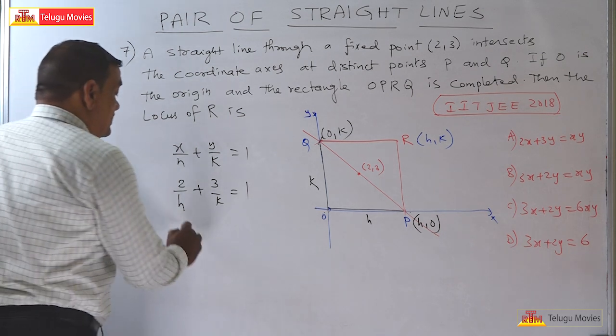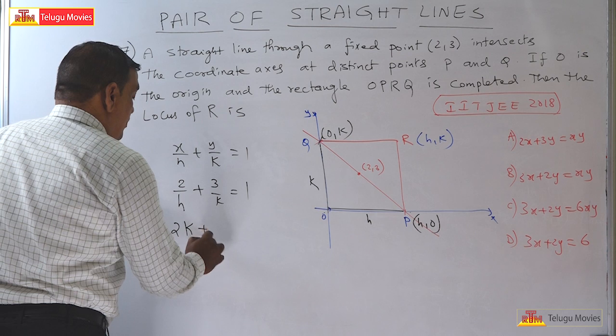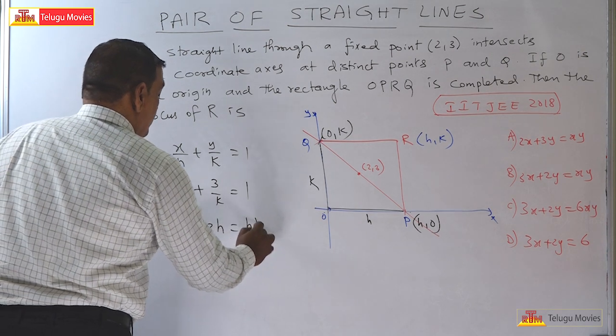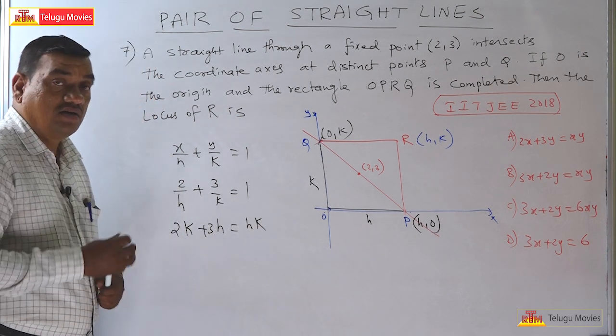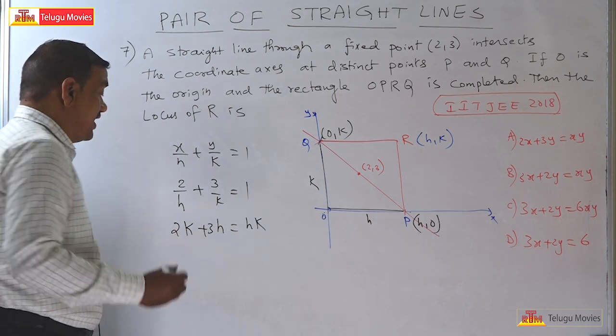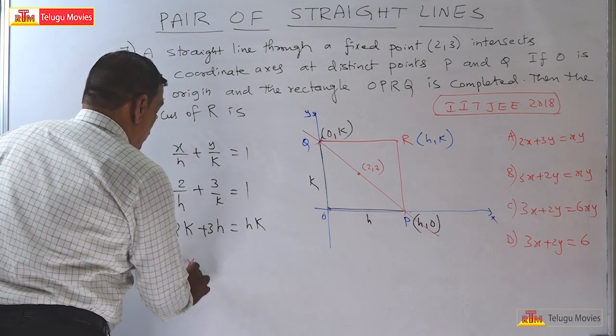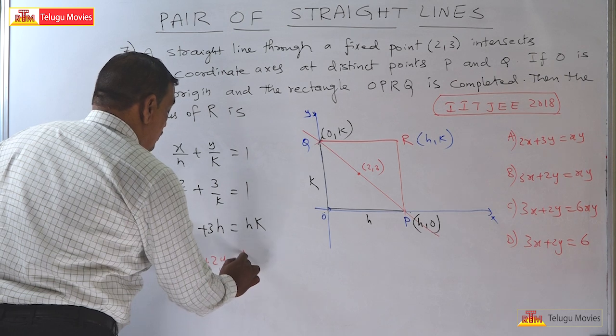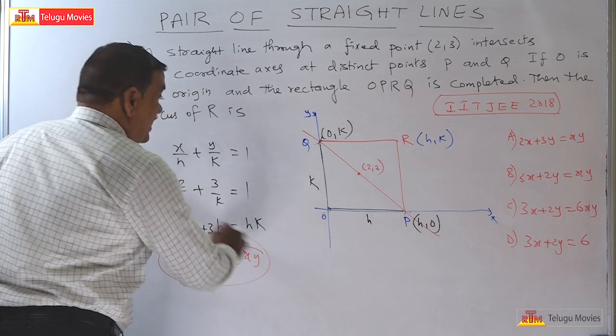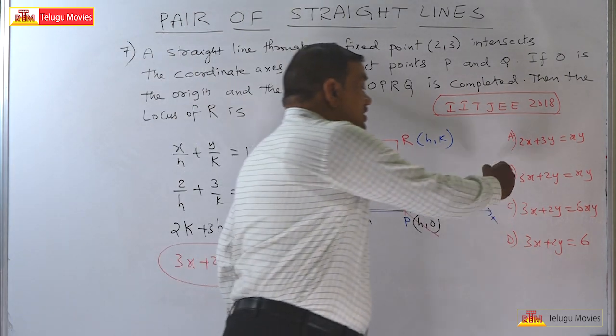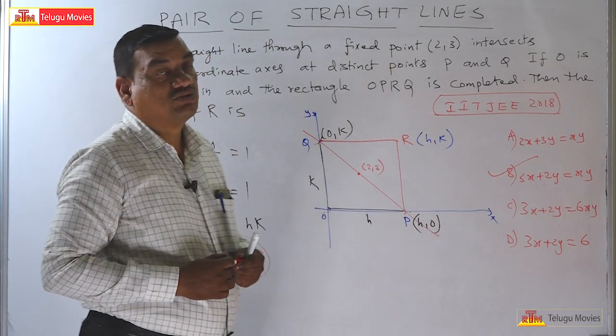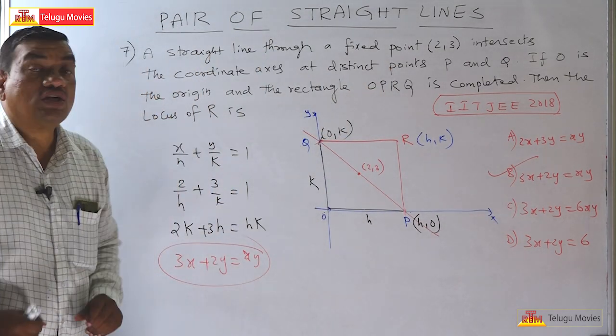So your locus is 2k plus 3h is equal to hk. You can rewrite this in x and y. Therefore, 3x plus 2y is equal to xy. That is the locus of the point.